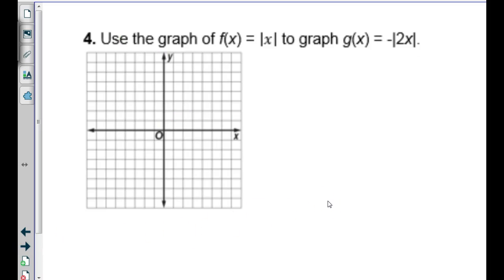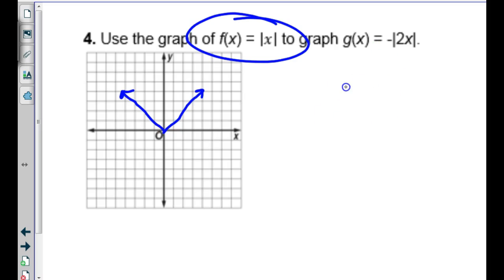All right, what's a generic absolute value look like? Our f of x right here is 1, 1, 2, 2, 3, 3. Okay. 2 things are going on. What is this 2 going to do? Does anybody remember?